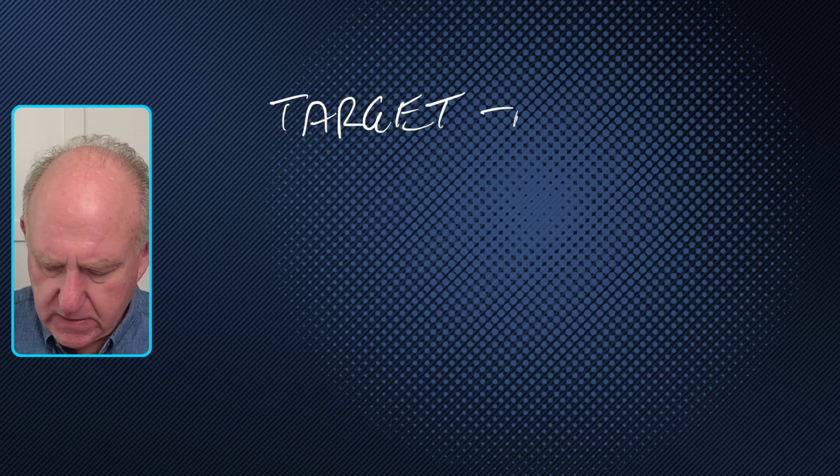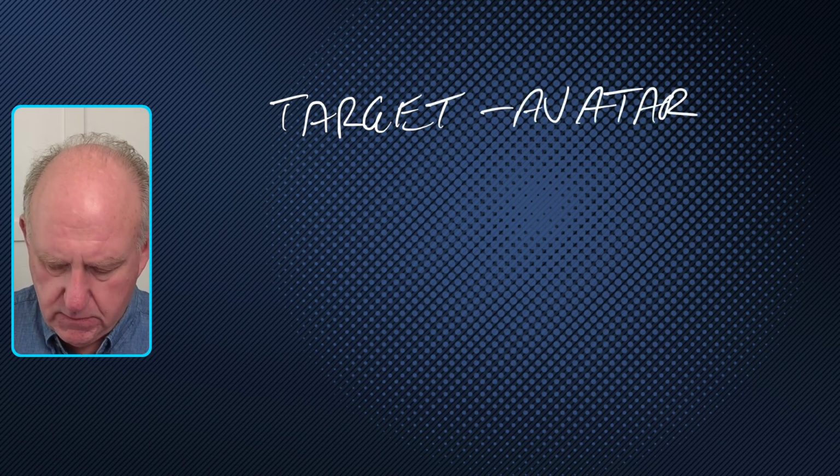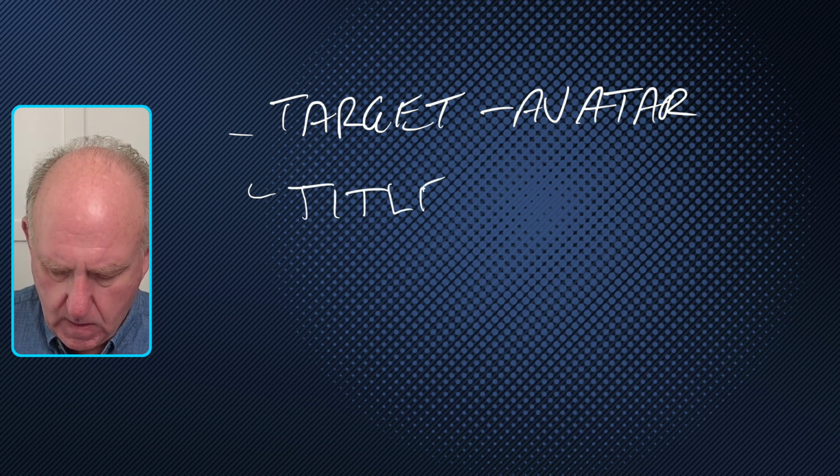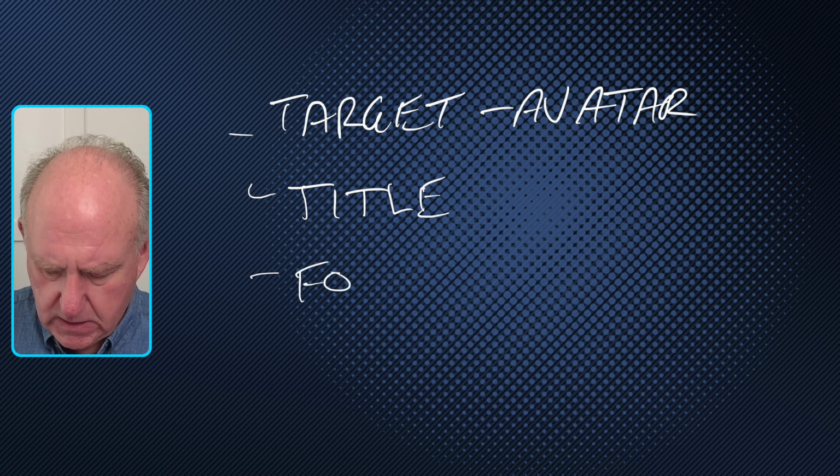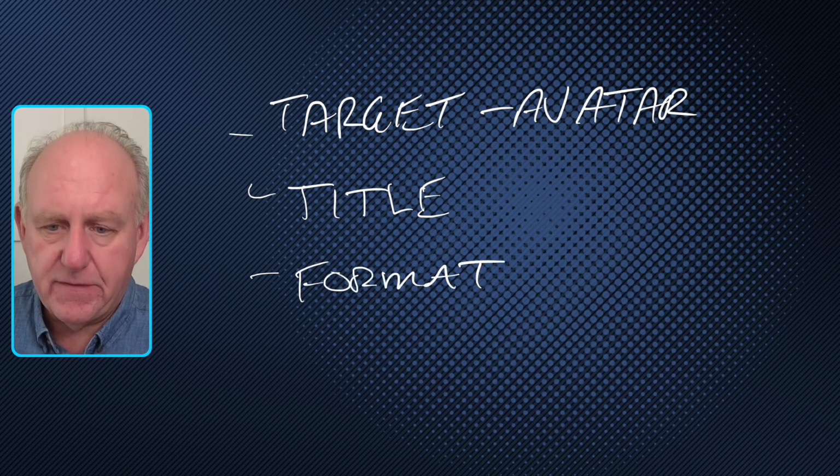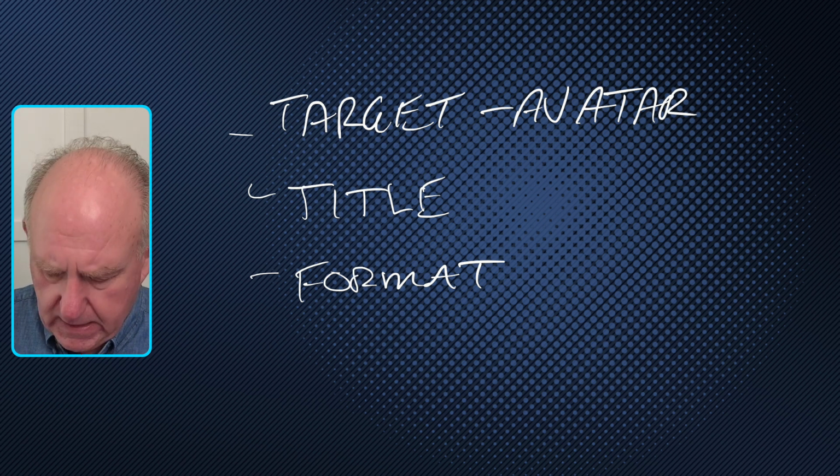So they knew the target, the avatar, or who the customer was that they were going to do. They knew the title. They knew kind of the format that they wanted to do. So I'm assuming that is stuff that you have done, that you're ready to do.